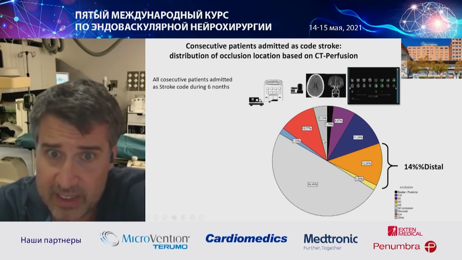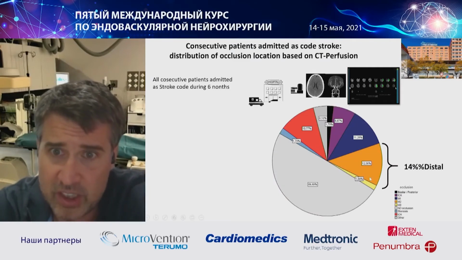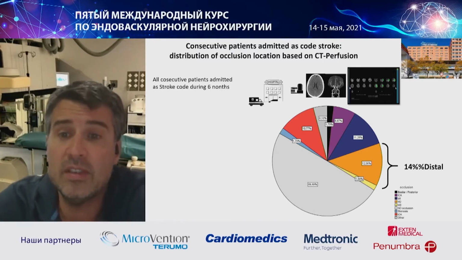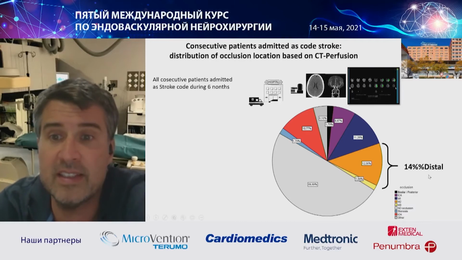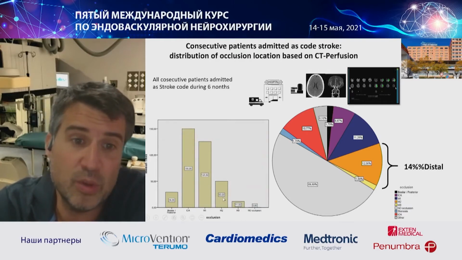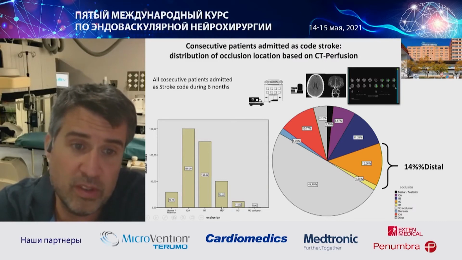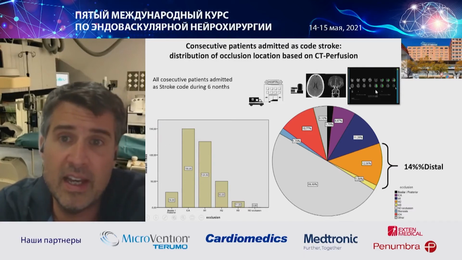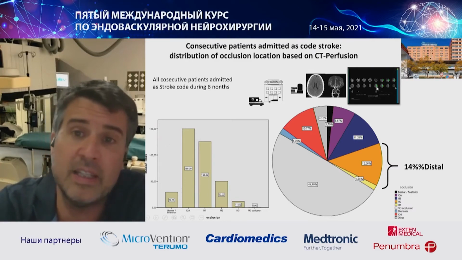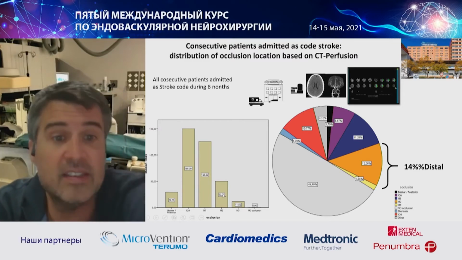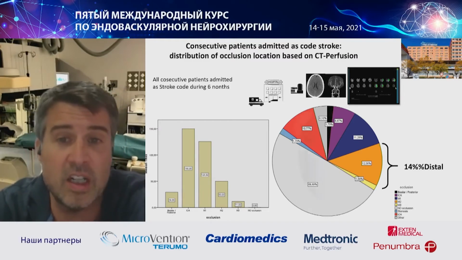We observed that you have all these diagnoses, but about 14% of the code stroke comers had a distal occlusion. And sometimes these distal occlusions are not so small. For M2s, you can see that the median Tmax greater than 6 seconds volume was 50 cc's, quite large.